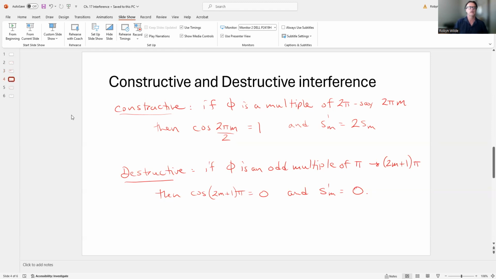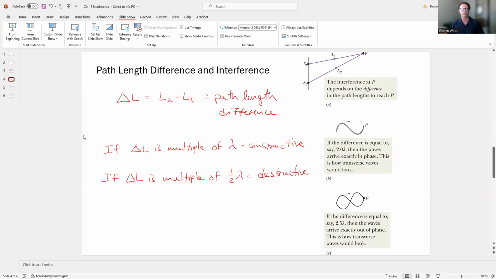Okay, so now let's talk about the path length, because often what happens, and this is important as we'll see later on for light, is that if you have two sources of sound like S1 or S2 in this picture here, and maybe these are speakers, right?